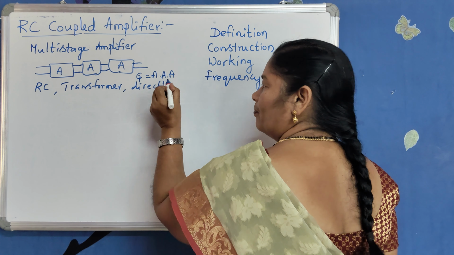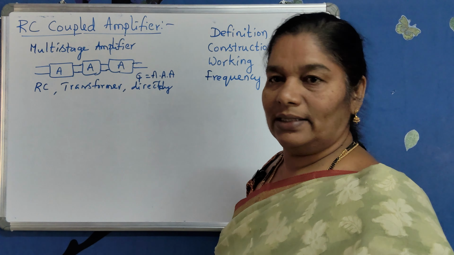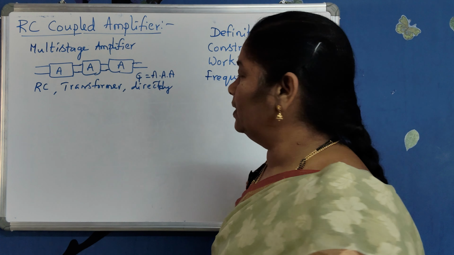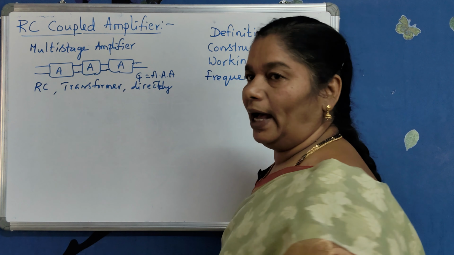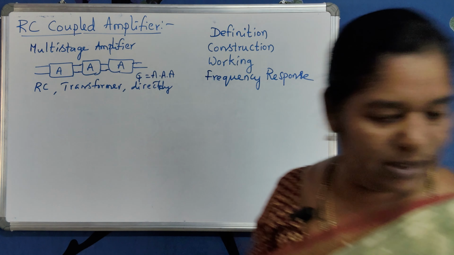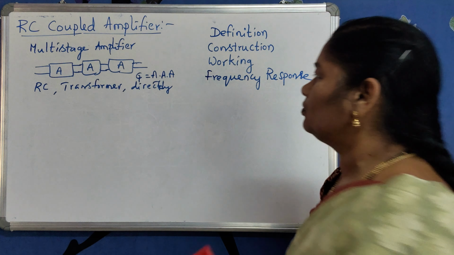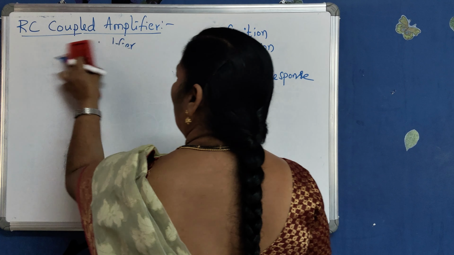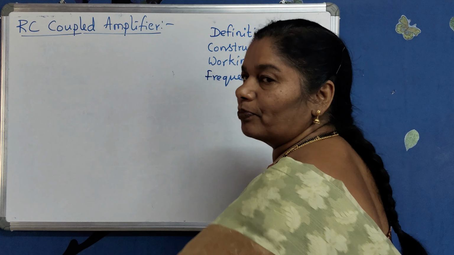Depending on this, they are called RC coupled, transformer coupled, and directly coupled amplifiers. Among these, today we are going to discuss the RC coupled amplifier.